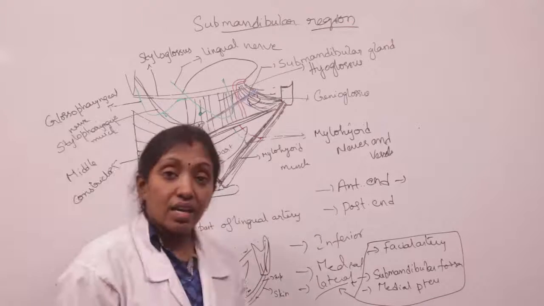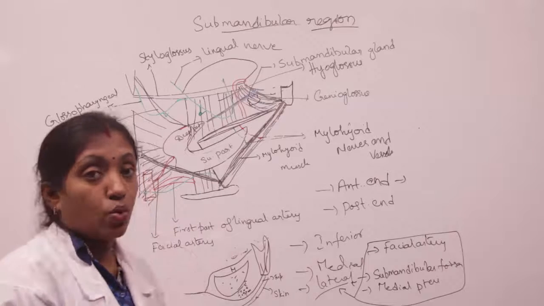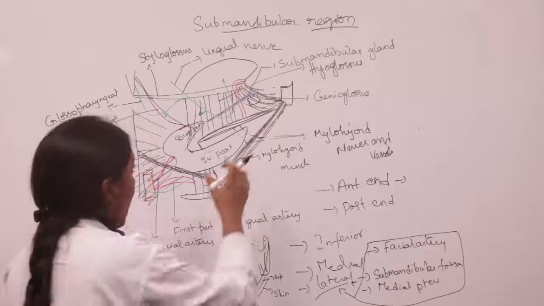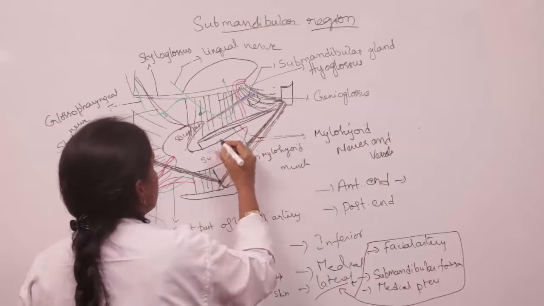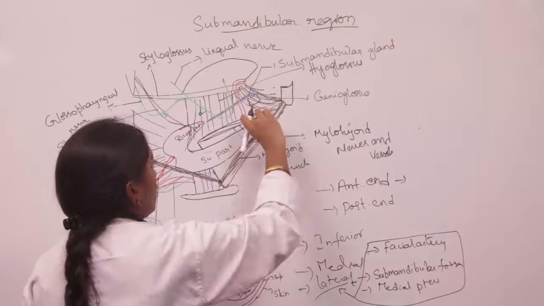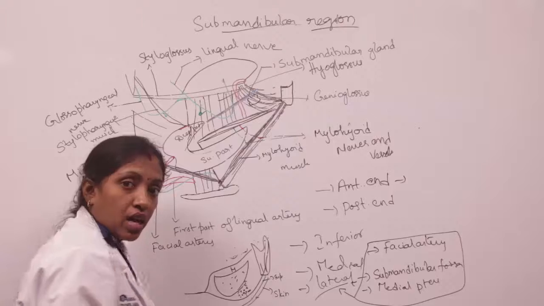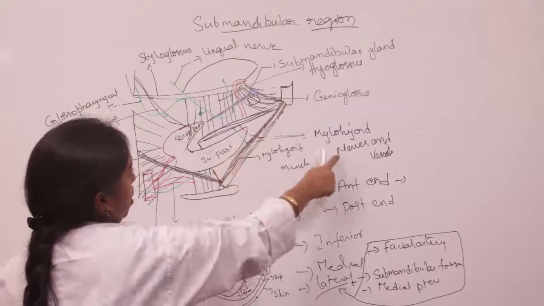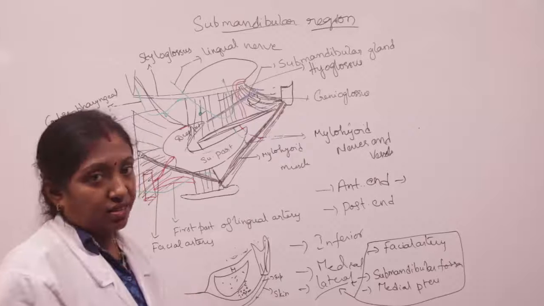Coming to the medial surface. The medial surface is very extensive and divides into anterior, intermediate and posterior parts. This is the anterior part. The anterior part rests on the mylohyoid muscle, and it is related to mylohyoid nerves and vessels.